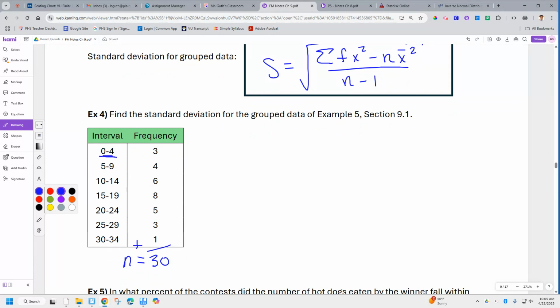So we're going to call that x. Let's build out the table with more columns. X is the midpoint of the interval. So the midpoint is 2, and this midpoint is 7, and this midpoint is 12, 17, 22, 27, 32.